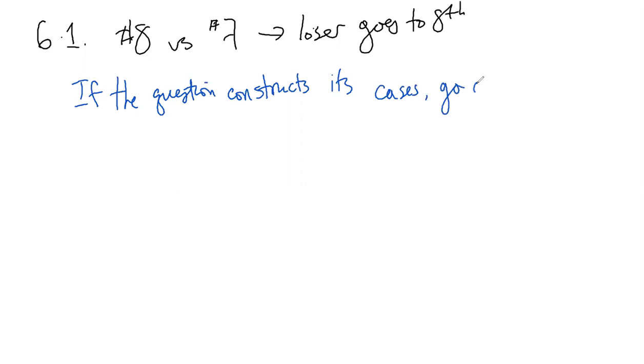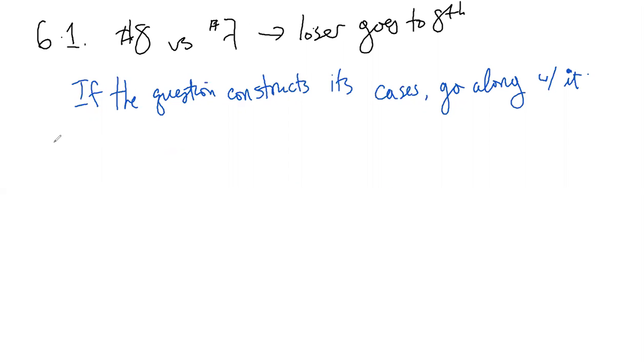So what do I mean by that? Well, this question had a very specific way of telling you exactly how placement is determined. It said the 8th bowler plays against the 7th bowler, and that's how you decide who's in 8th place. And then from there, you decide the 7th place, etc. Because of that, sometimes the best way is to just say, okay, let me do that too. I will follow your procedure and see what I can do.